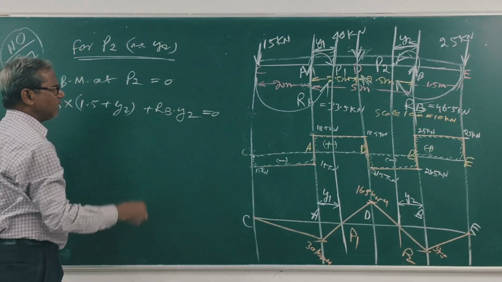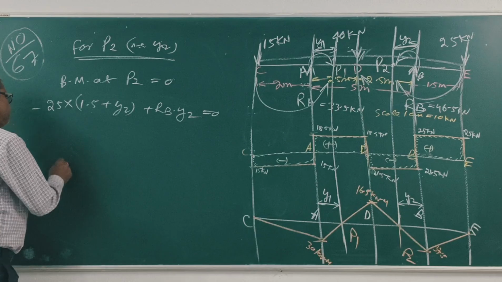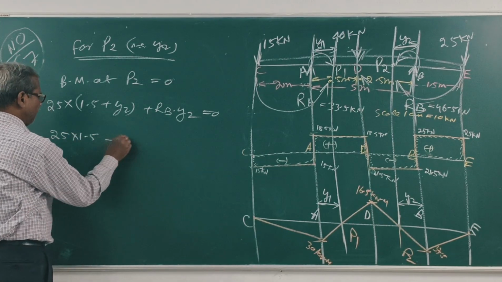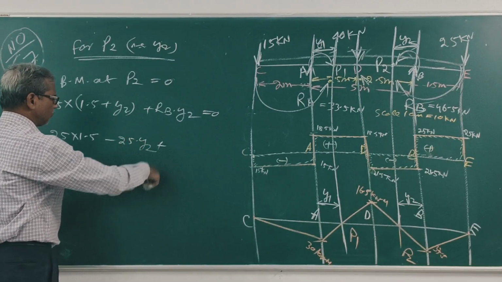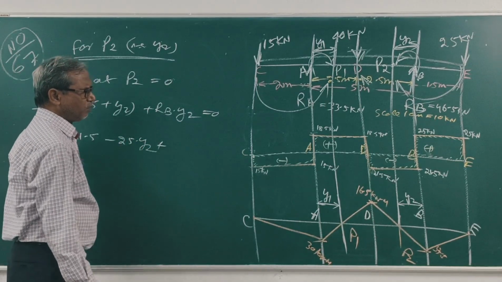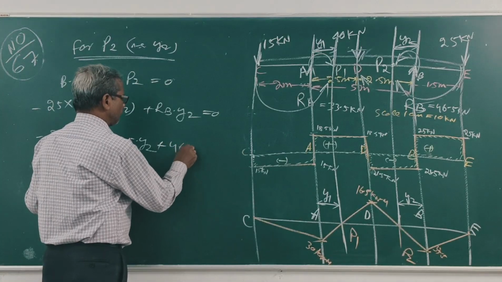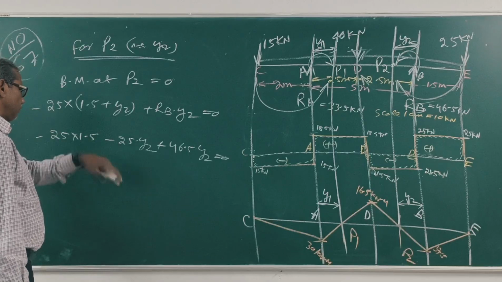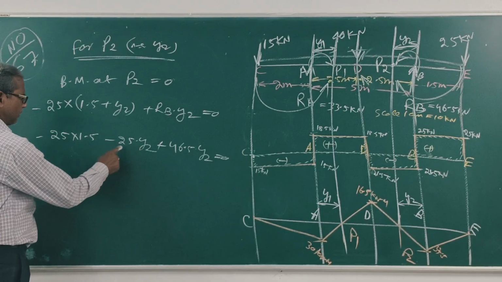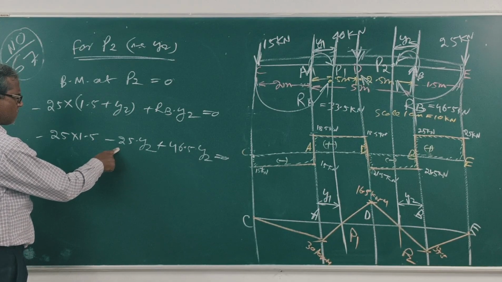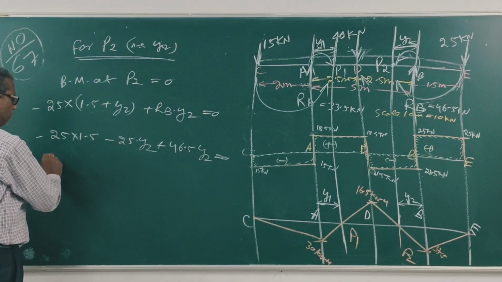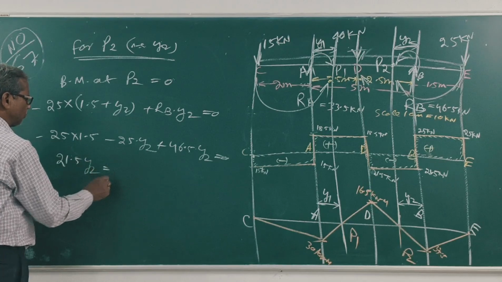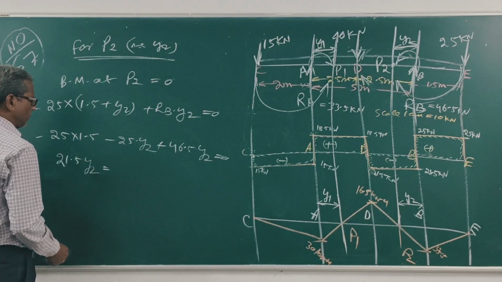Clear? Now minus 25 into 1.5 minus 25 into y2, what is RB? 46.5 into y2 is 0. Bring this to this side. So 46.5 minus 25 is 21.5. So 21.5 times y2 is equal to 25 into 1.5, 37.5.